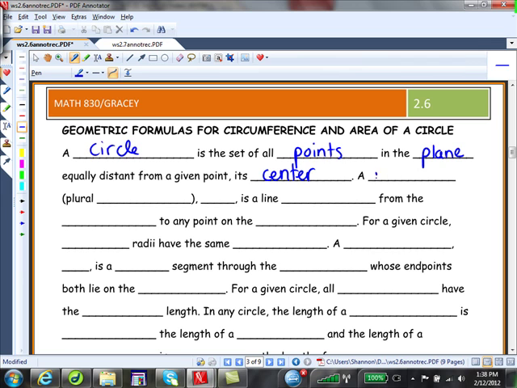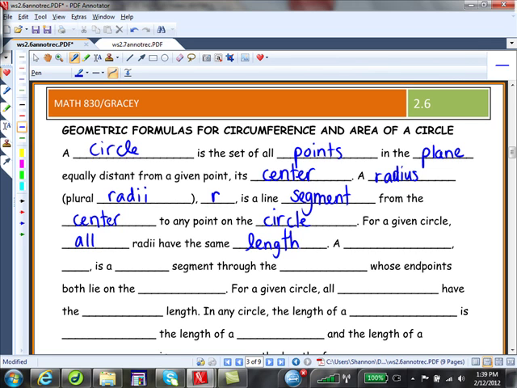A radius, the plural for radius is radii, and it's usually denoted by r, is a line segment from the center to any point on the circle. So for a given circle, all radii have the same length.